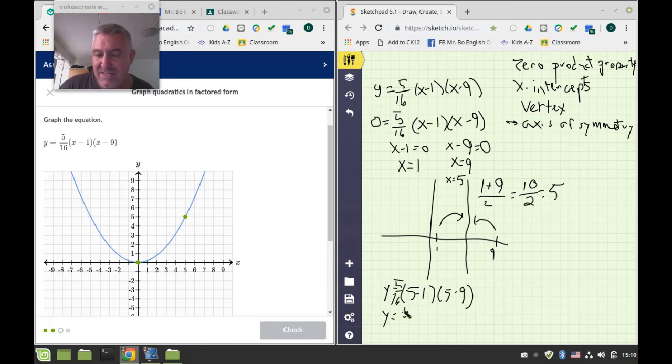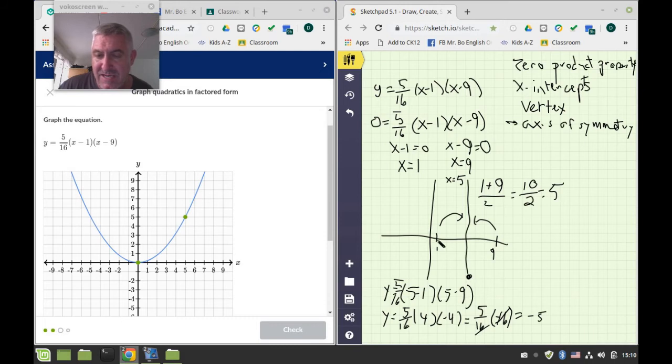So 5/16 times 4 times negative 4, which is equal to 5/16 times negative 16. And 16 and 16 cancel out, so it's going to be negative 5. So it'll come down here to negative 5.